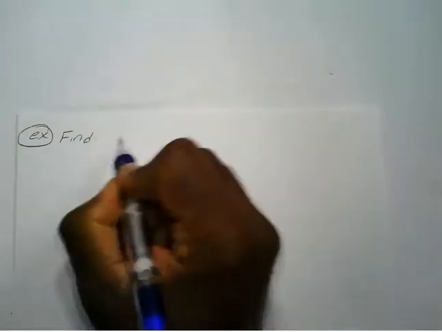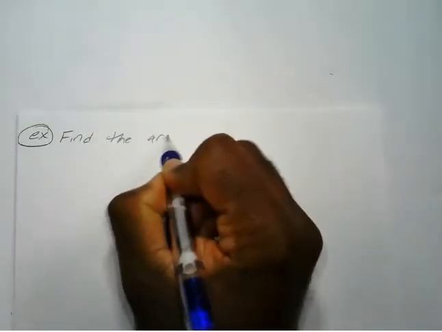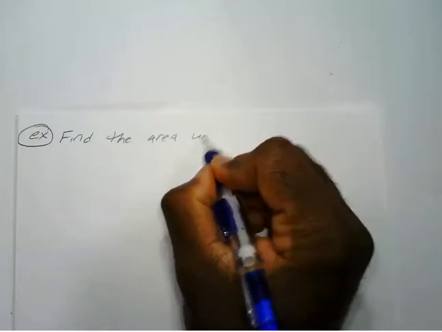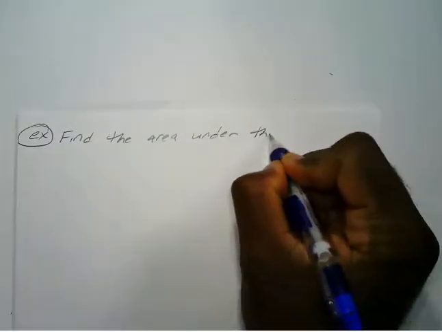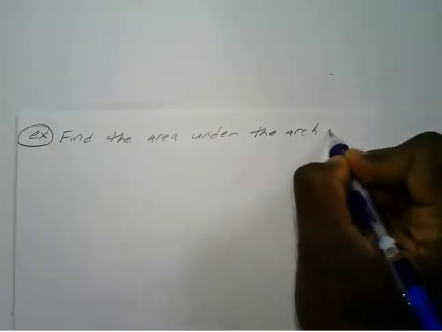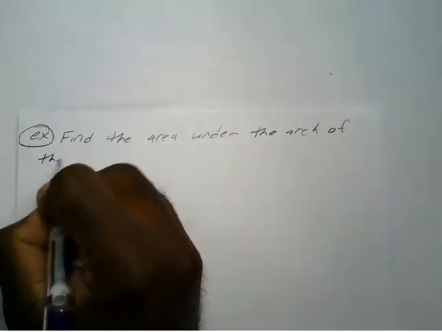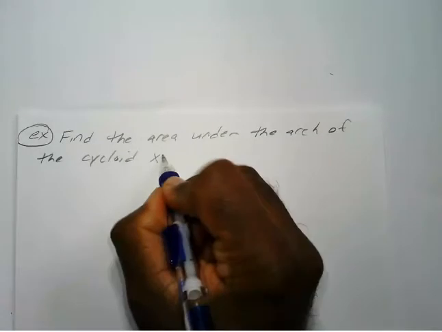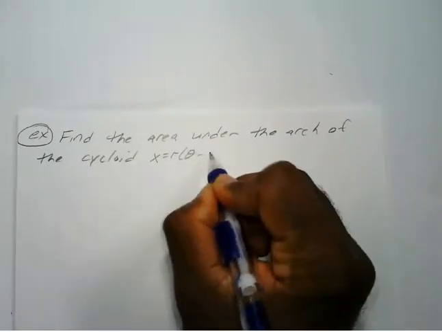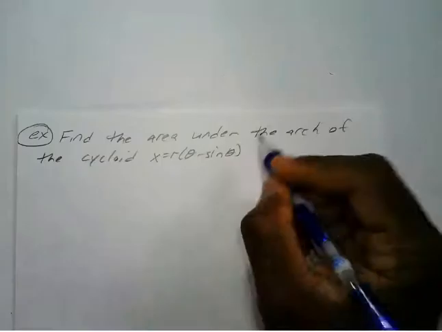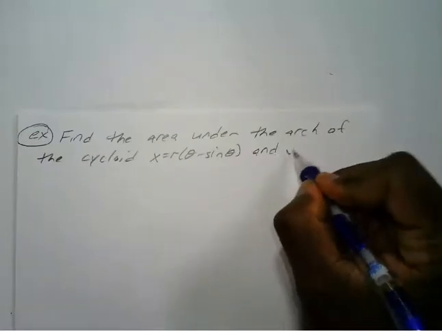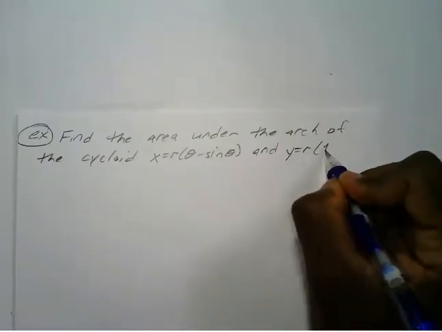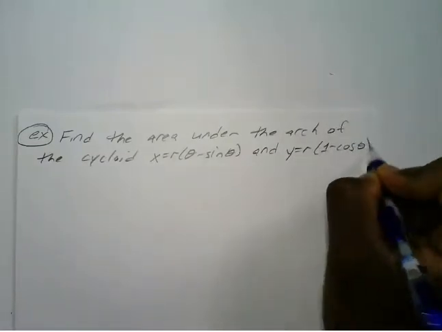Okay, so let's say, for example, we wanted to find the area under the arch of the cycloid x equals r times theta minus sine of theta, and y equals r times 1 minus cosine of theta.